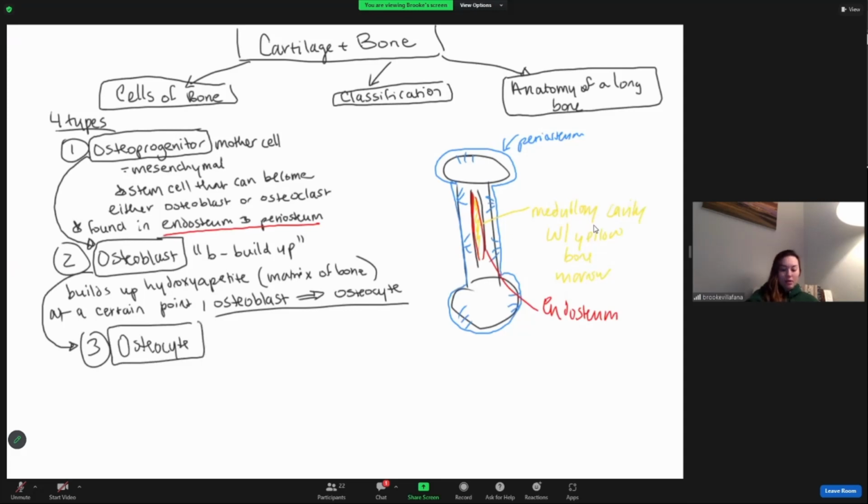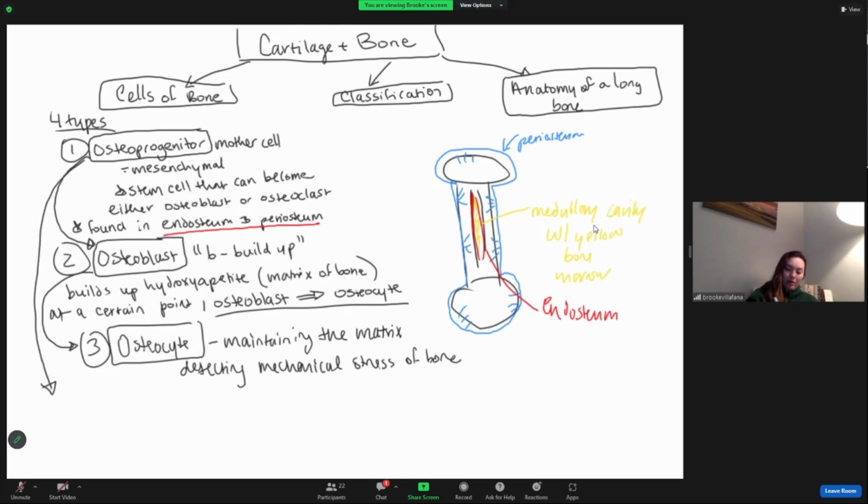Our osteocytes have the function of maintaining the matrix. So they keep it healthy. They break it down, build it up, maintaining the matrix and detecting mechanical stress on the bone. They're like our maintenance guys of bone. And then lastly, we also said the osteoprogenitor could give rise to the osteoclast, which is our last type of bone cell.